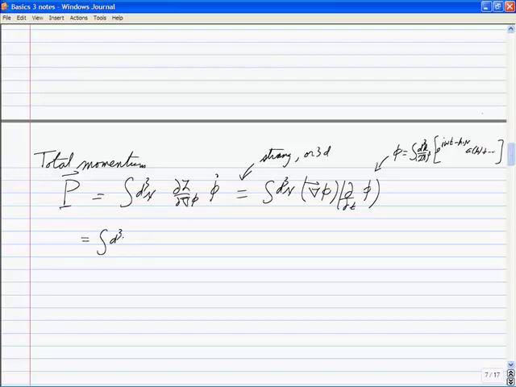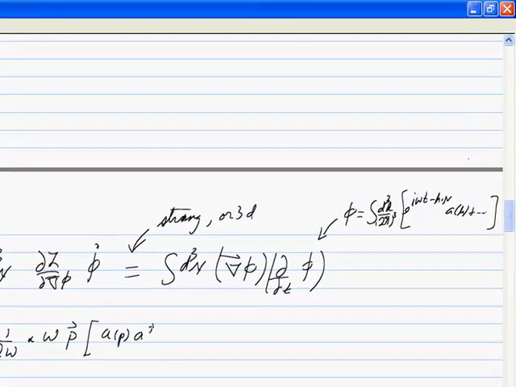Integral d3p over 2 pi cubed, 1 over 2 omega, times p, a of p, a dagger of p, minus a dagger of p, a of p. I know, a plus there, that's a plus, but minus comes here.